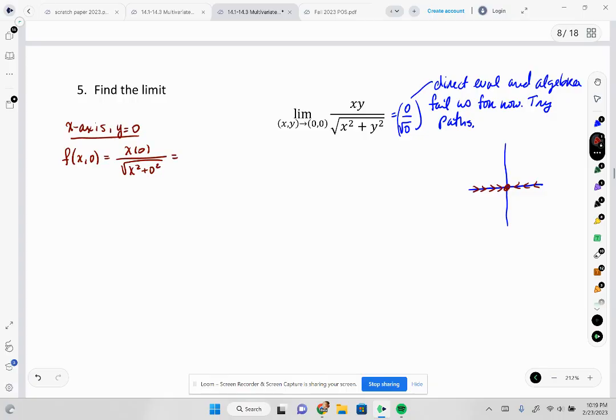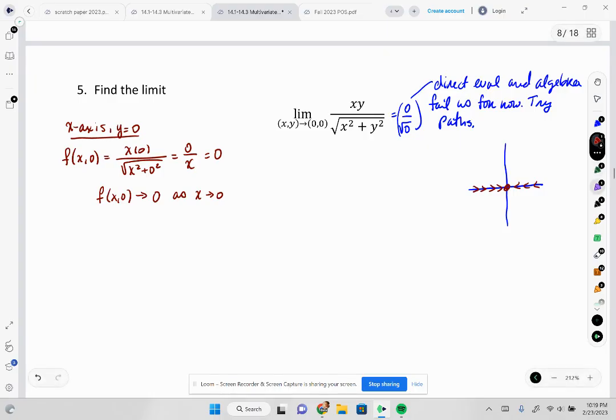This simplifies to 0 over x, and 0 over anything is 0. So f(x, 0) approaches 0, because the limit of 0 would be 0 as x goes to 0. So that's how I can write limit notation without having to write limit notation. This is the one other acceptable way to write things.